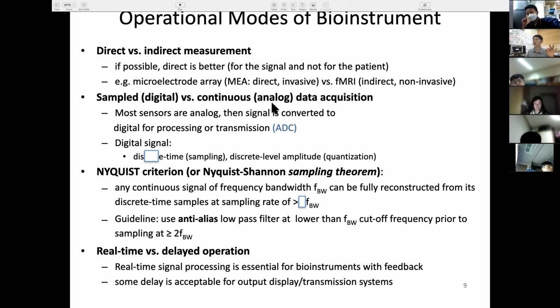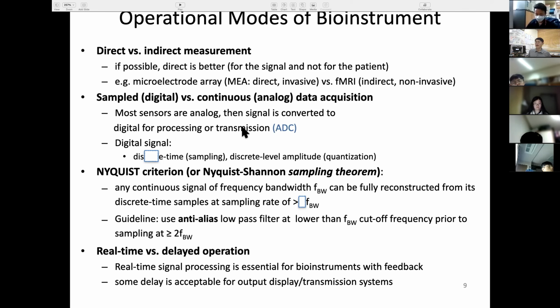So most of these sensors sense analog data. However, most of the time, we convert the signal into our computer, which is digital. So most of the time, we are converting the signal into digital format for processing or transmission. We call this analog to digital conversion, or ADC.